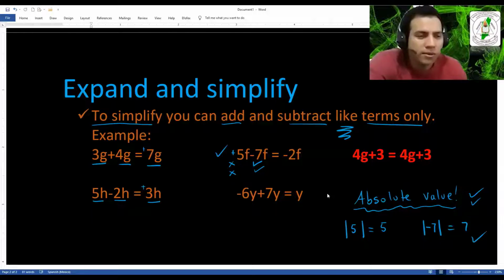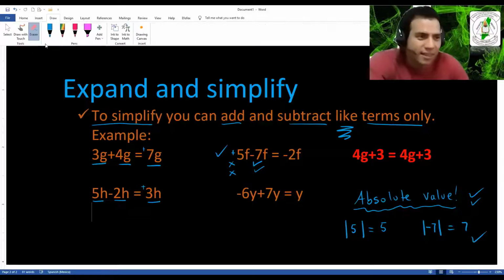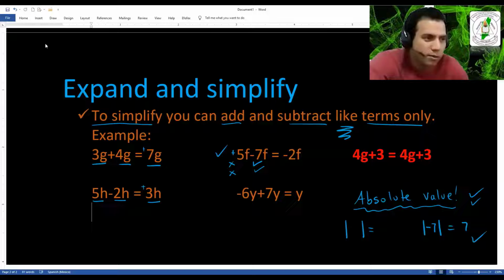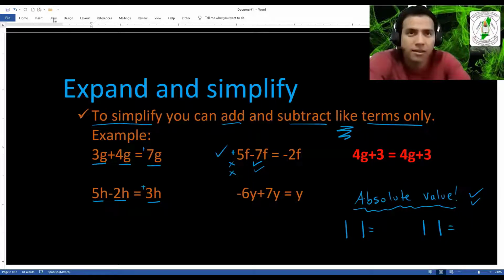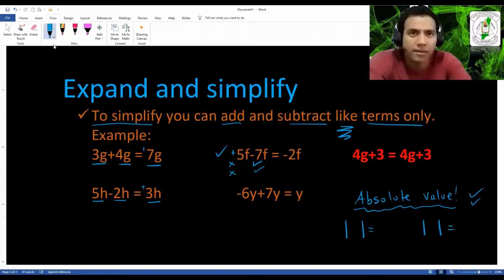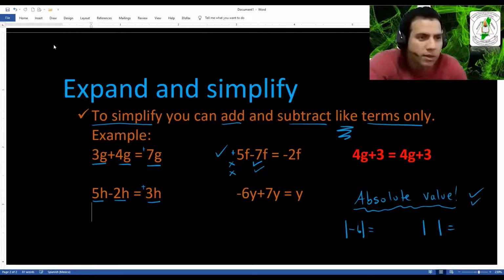Now let us do the next one and let us see if we can understand this even better. So let me erase these numbers because we will need to write in new terms to establish the absolute value. So here we have -6 and we have +7.